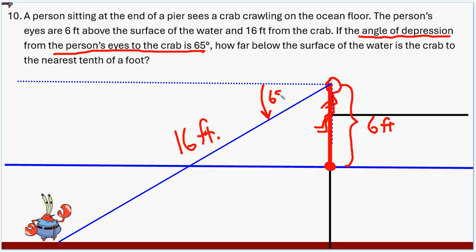So this is a 65-degree angle, and again, this angle of depression is outside our triangle. Here's our right angle down here. So 90 minus 65, the angle inside our triangle is 25 degrees.